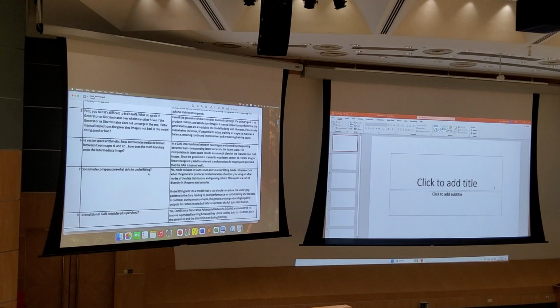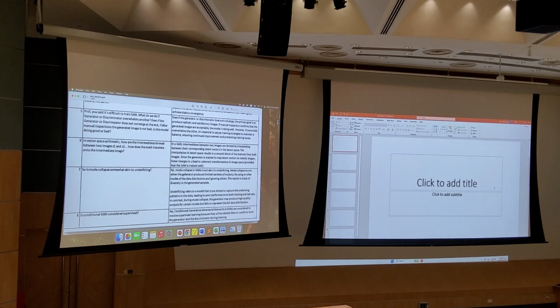You get bad performance in training and testing. But mode collapse only happens to the generator, when it generates good images, but in a particular mode and not covering all other modes. It's called mode collapse. So mode collapse is not identical to underfitting.